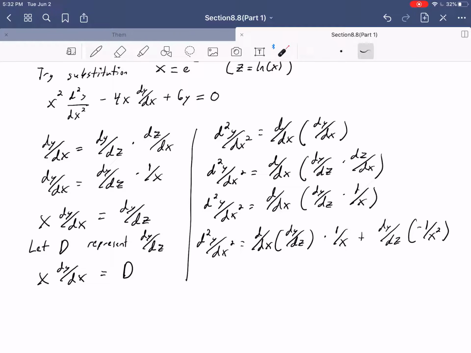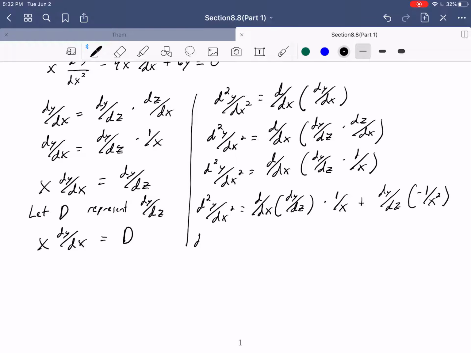So the only thing that's really complicated in this is what happens when we take the derivative with respect to x of the derivative of y with respect to z. Well, what's going to happen here is it's going to be a chain rule. This is y as a function of z. So when we take the derivative with respect to x, it's going to be the derivative of that with respect to z times the derivative of z with respect to x.